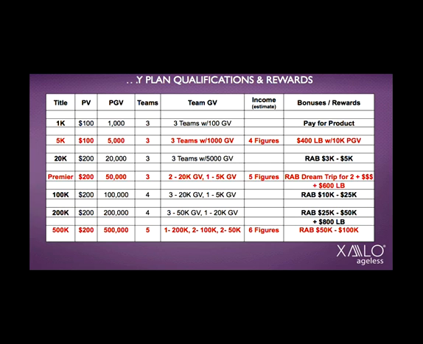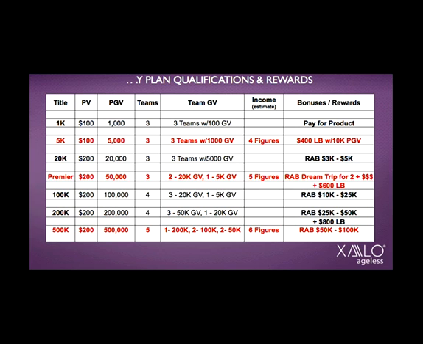On top of that rank advancement bonus you got at 100K, on top of the Premier, on top of the 20K, on top of the monthly residual income and the quarterly bonus pools, and on top of that, your lifestyle bonus goes up to $800. You can drive an Escalade for $800.